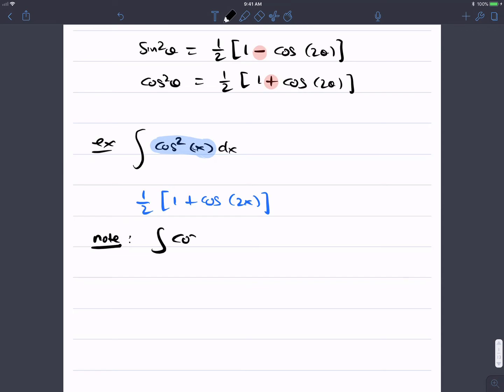If they gave you cosine squared maybe of 2x dx, and sometimes people want to know what to do in that case, and I'll say here's really what I want to talk about now, is let me remind you of u sub.